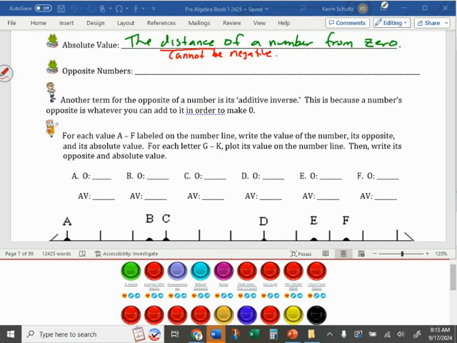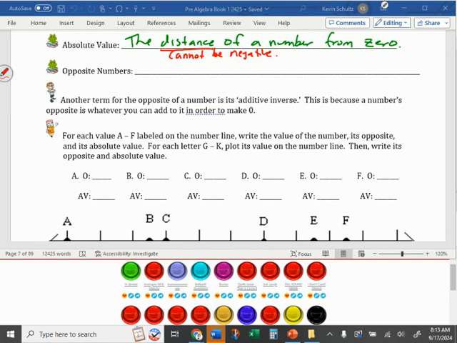So if you have something like the absolute value of -4, what it's literally asking you is how far away is -4 from 0? 4. Okay? Not -4. That's a value, it's not a distance. It's 4 numbers away from 0.